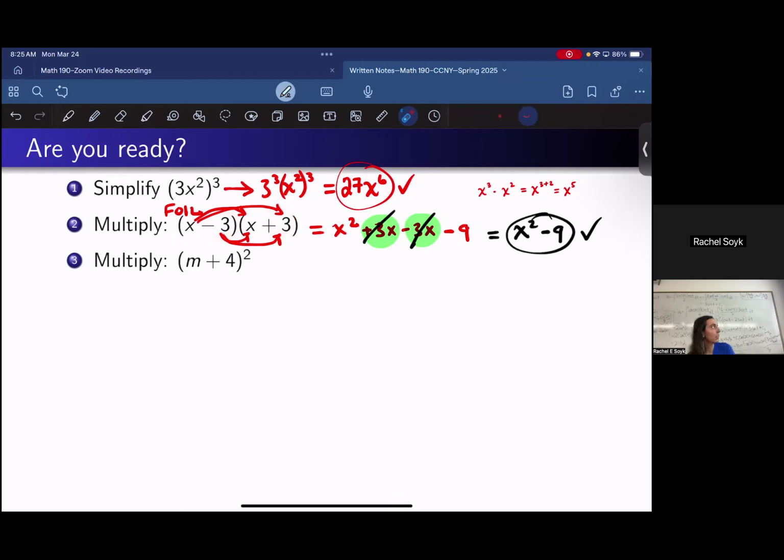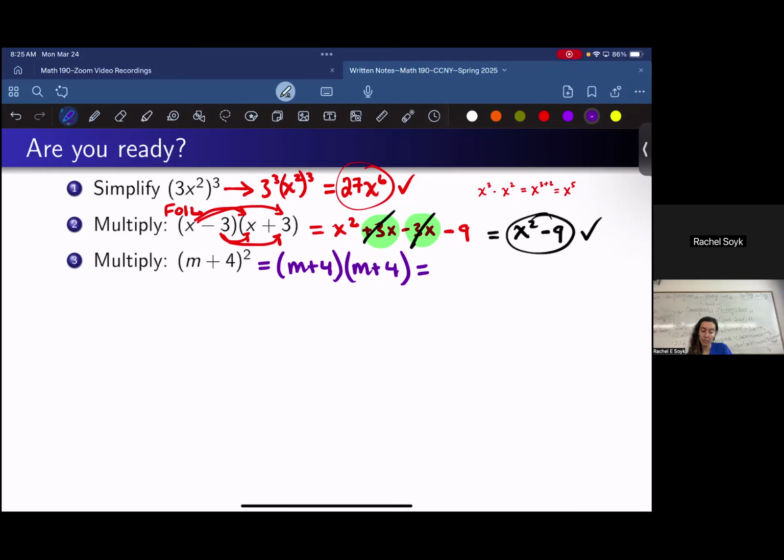And then finally, we have our third example where we're looking at a perfect square trinomial, but instead of it being difference of squares, we have our binomial of the same operation and same value twice. So instead of those middle terms canceling out, it's actually going to be doubled.